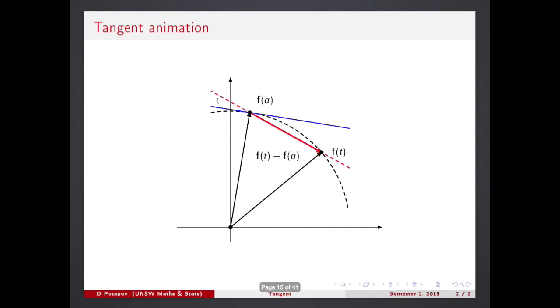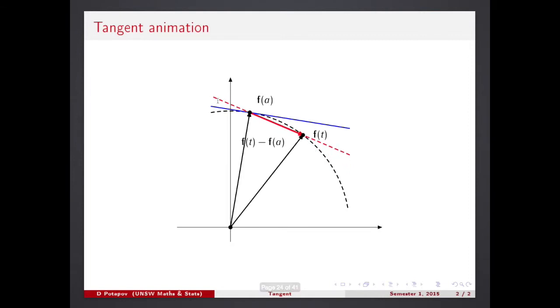That's what happens when you push t to a. Your red vector shrinks because f of t becomes close to f of a. But because you divide by another small quantity, t minus a, the direction of this red vector becomes stable, and eventually shows you the direction of the tangent line, like this. It's one interpretation of the derivative of the vector function.